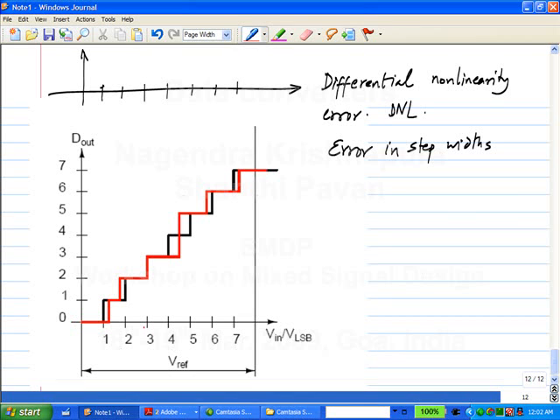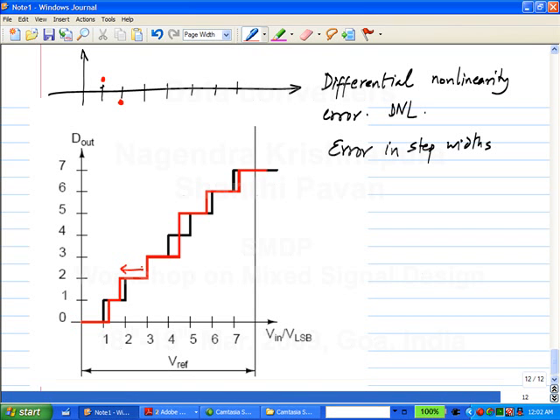So the first step is wider than ideal, that I will call a positive error, and the second step is much smaller than ideal, so that will be a negative error, and the third step, what is the width of the third step?